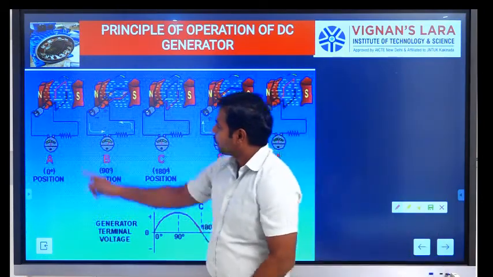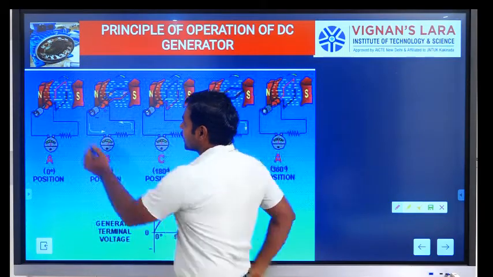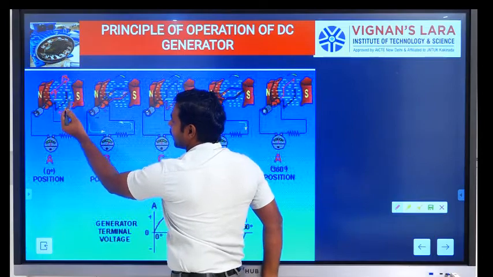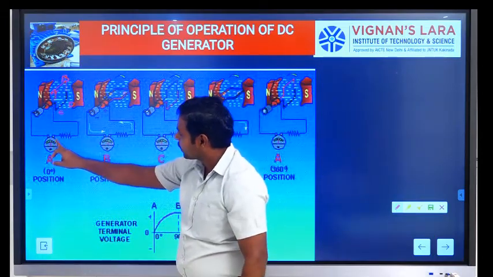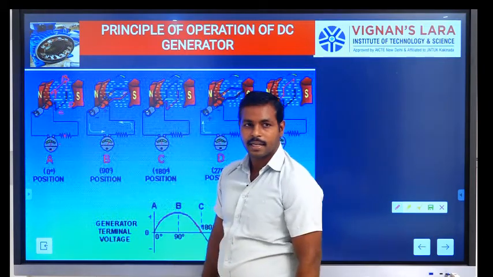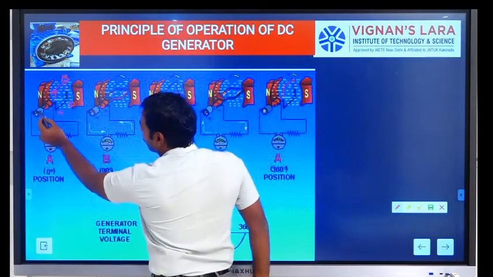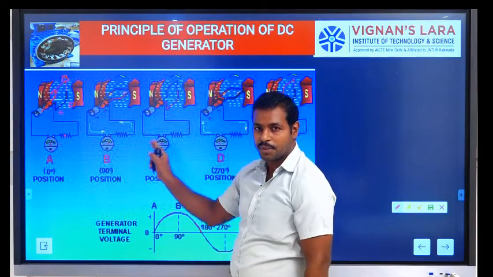Initially, we place the north pole and south pole, and AB is one conductor, CD is another conductor. These two ends are directly connected to the two slip rings and brushes, and finally the external load circuit. Using the prime mover, the coil is continuously rotated.